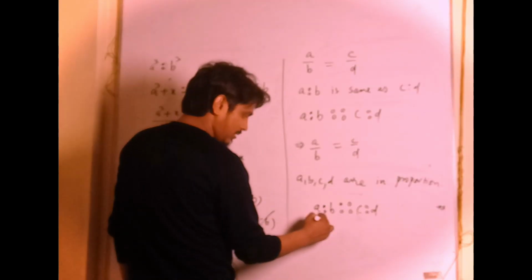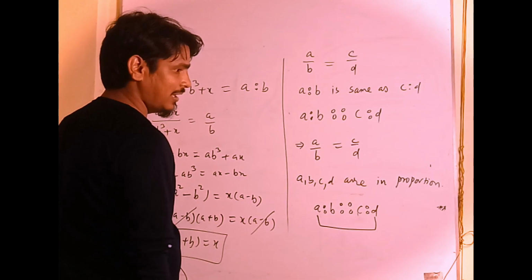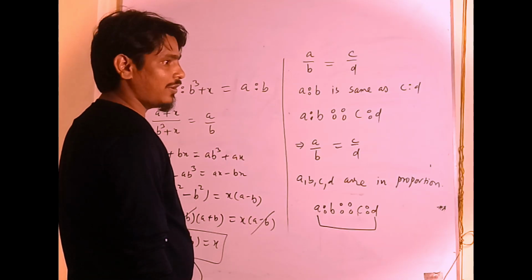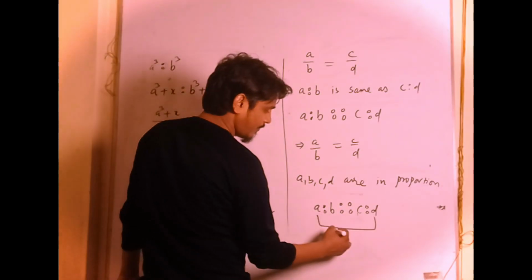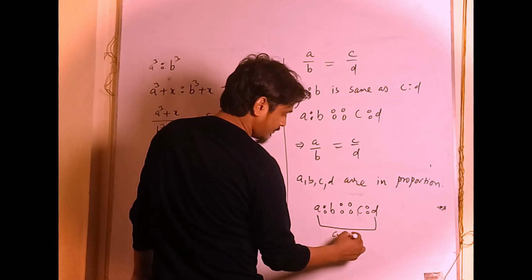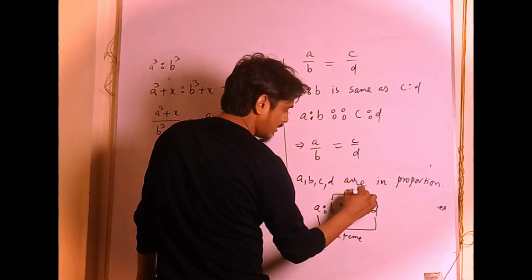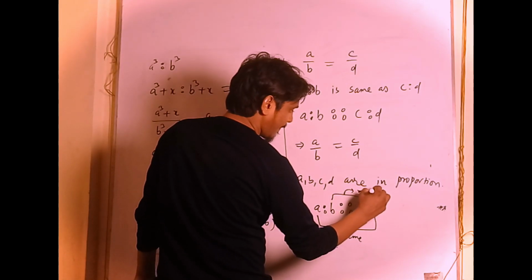Out of these, the one at the extreme left and the one at the extreme right, A and D, we call the extreme terms. And the ones in the middle, we call the mean terms.